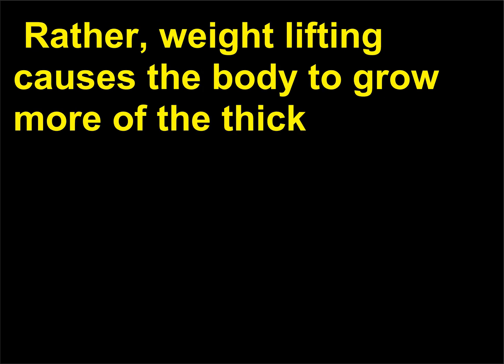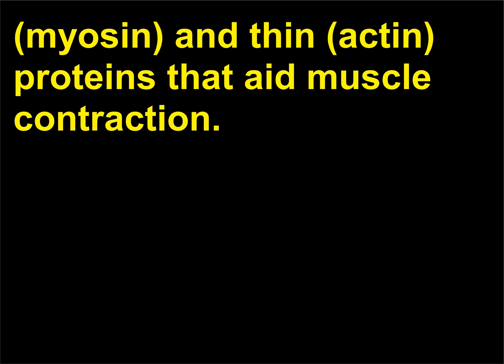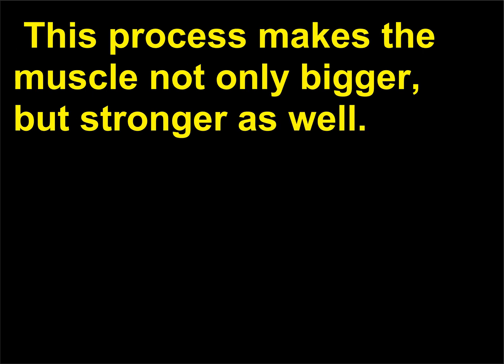Rather, weightlifting causes the body to grow more of the thick myosin and thin actin proteins that aid muscle contraction. This process makes the muscle not only bigger, but stronger as well.